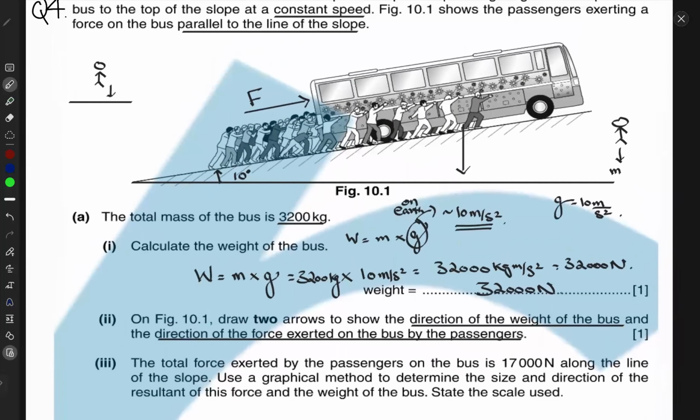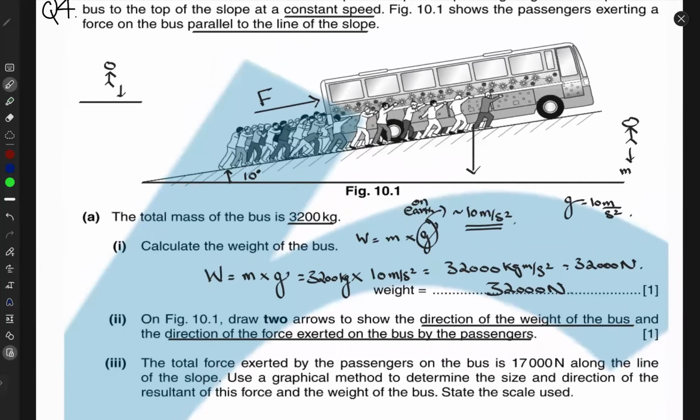Reading the question statement, the weight of the bus will be an arrow which points directly straight down in the downwards direction, right? So this is the weight of the bus. And the force on the bus by these passengers is in this direction, right? If you look at this figure, it's very clear that the force is in this direction by the passengers because they're pushing it along this line.